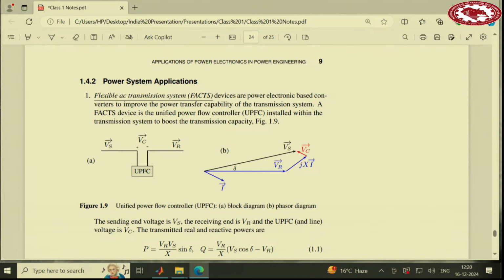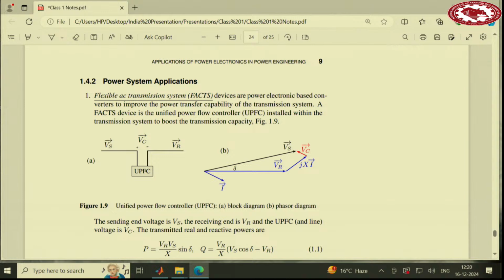The objective of that device is to control and increase the power flow from one terminal to the other, from one side to the other side. And the way it works, if you look at the voltages here, let's say VR for receiving and VS for sending, VR and VS are sinusoidal.